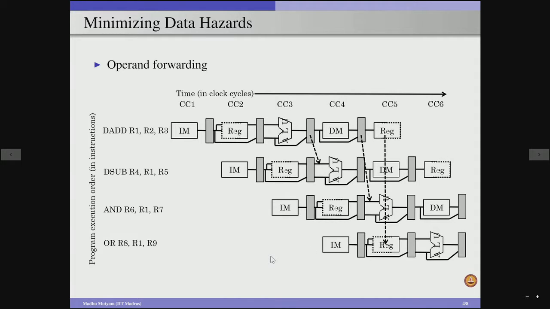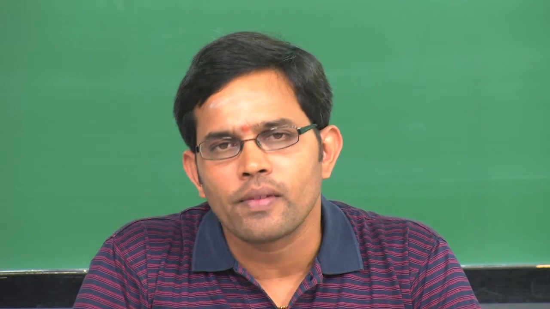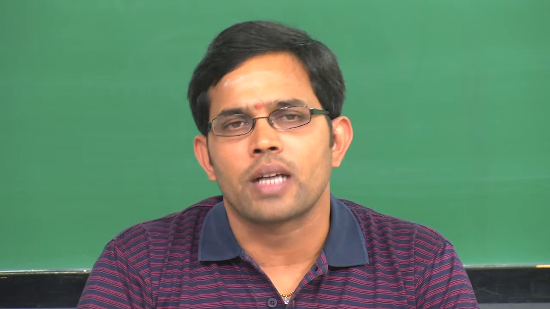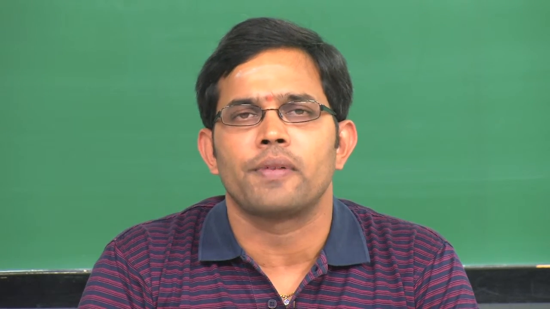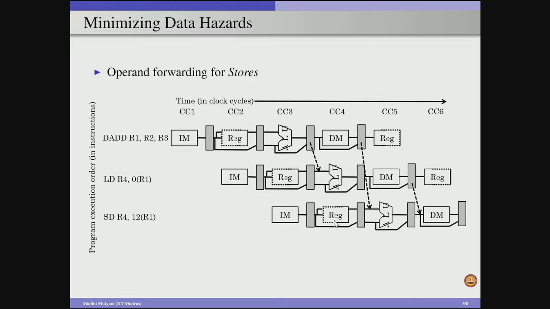But effectively, by using this operand forwarding, we can eliminate or minimize the pipeline stalls that occur because of data dependency. But this operand forwarding can also happen for stores.